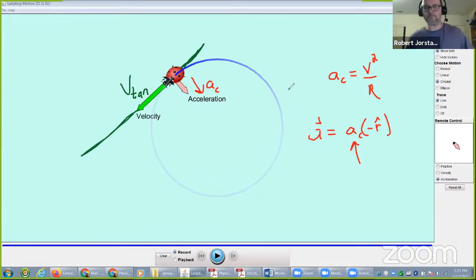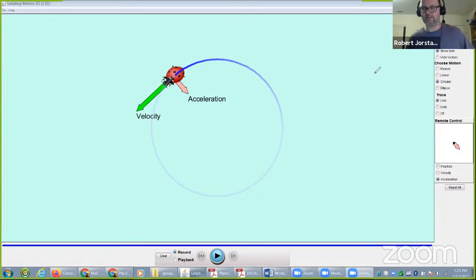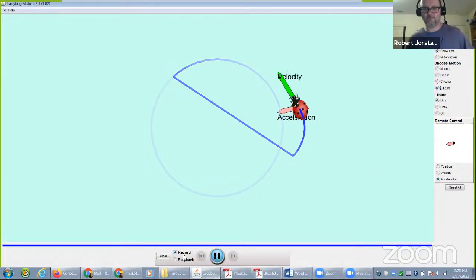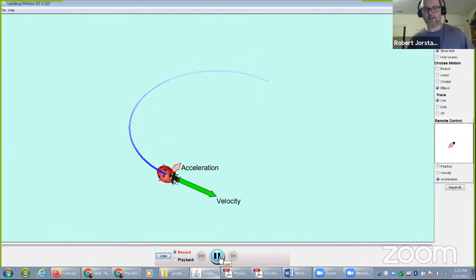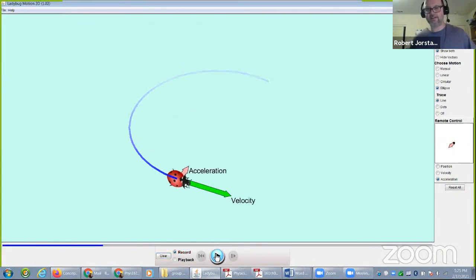So what happens if we do this in an ellipse? Now look what happens here. When it's moving in an ellipse, I just want to point out, sometimes the acceleration and the velocity are not perpendicular, because in this case the ladybug is speeding up and slowing down.